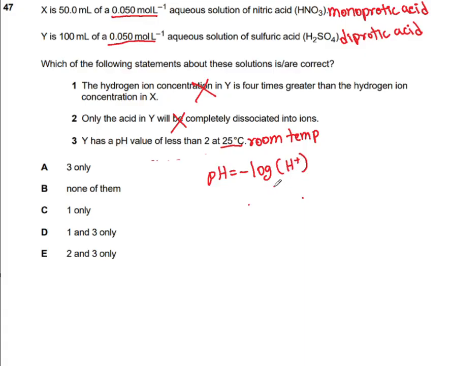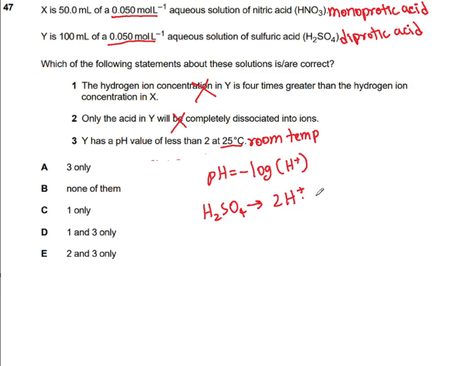So as we said before, for statement 2 we said that it does not completely dissociate into 2 protons, but in our calculation when calculating pH, we would assume that sulfuric acid completely dissociates into 2 protons.